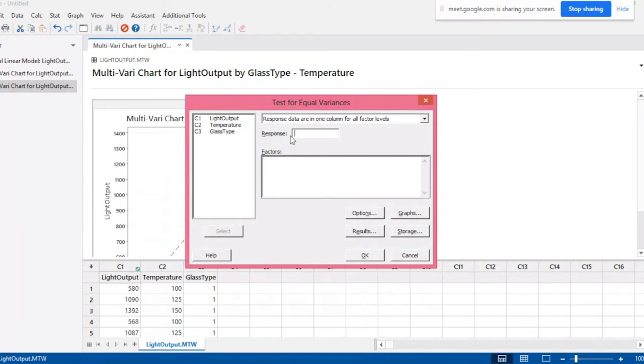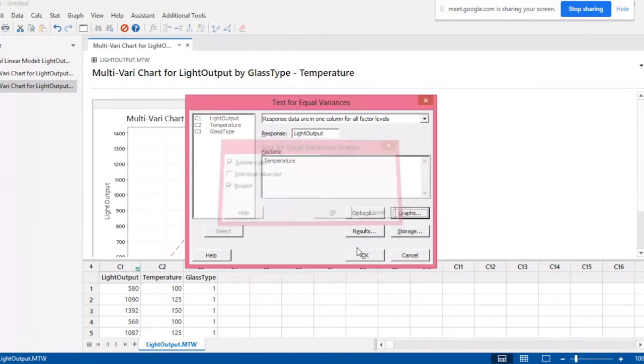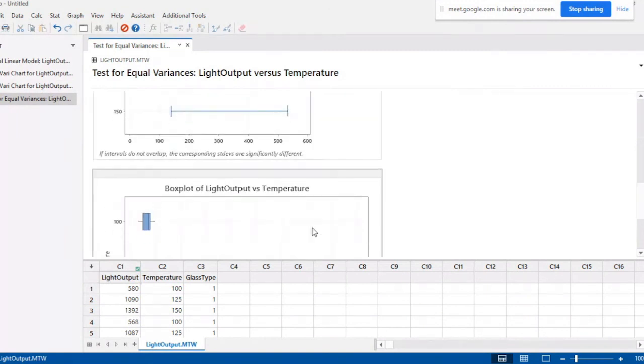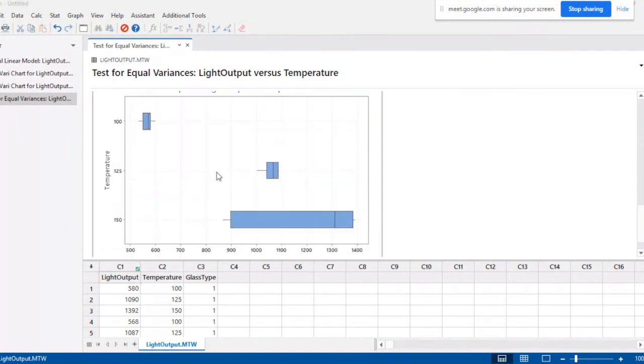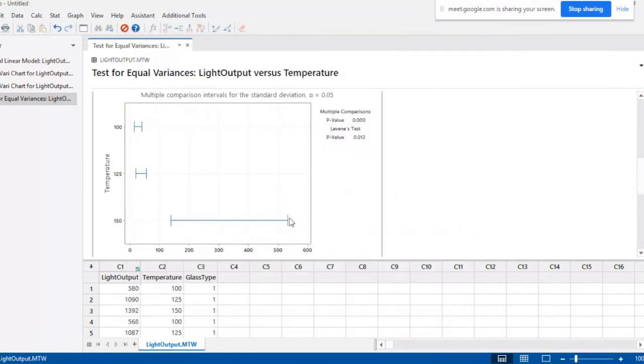Here you can see light output is your response and temperature is the factor. Based on the p-value, which is less than 0.05, the variances are not equal.